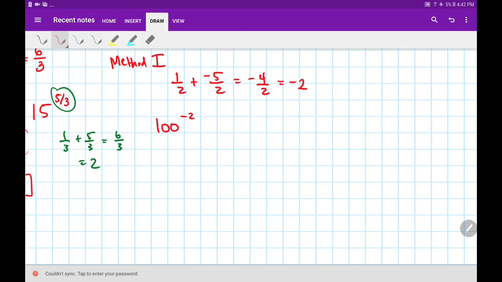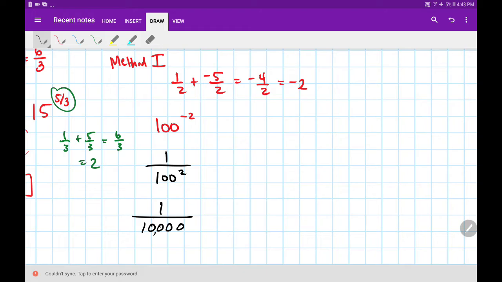That negative exponent is going to be rewritten as 1 over 100 squared. We're going to take the reciprocal. And so finally, 100 squared can be computed. So we'll write our final answer, 1 over, it looks like 10,000. You can use your calculator on that.